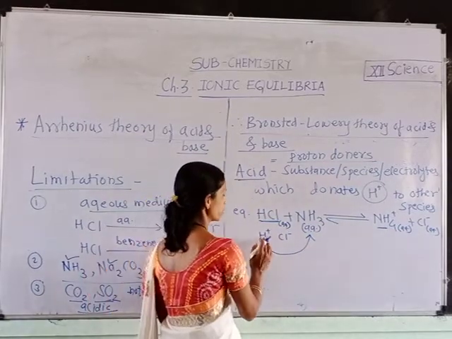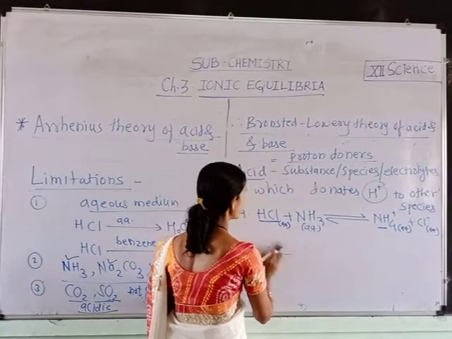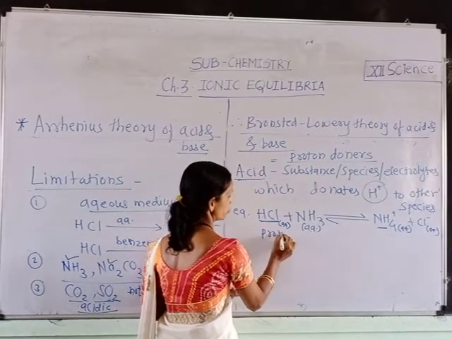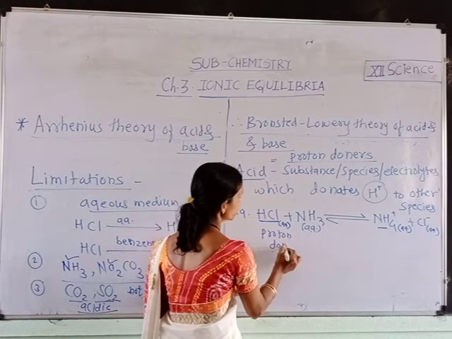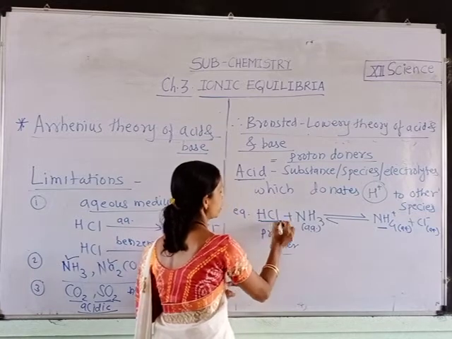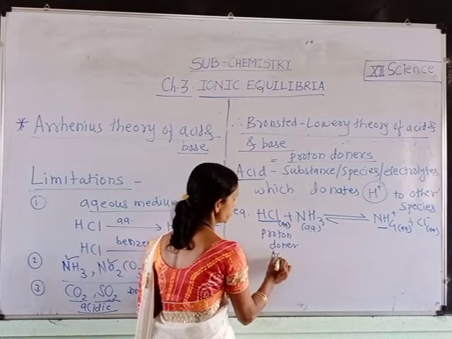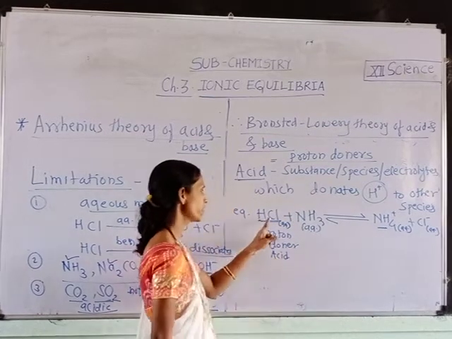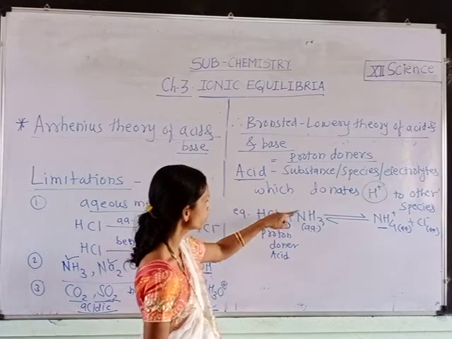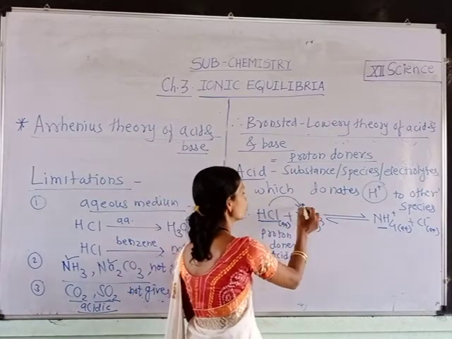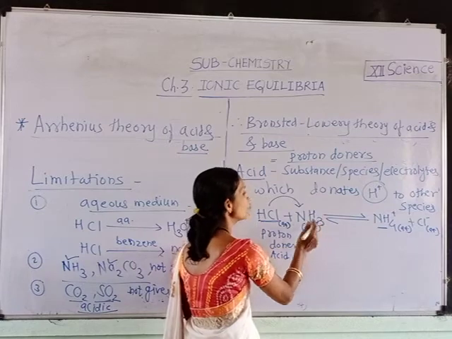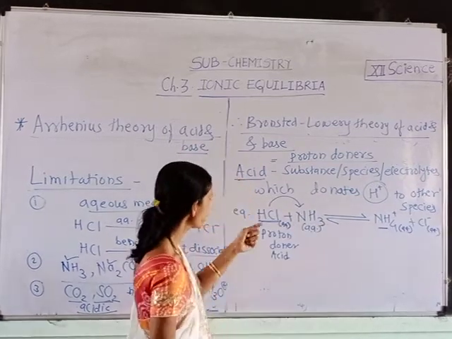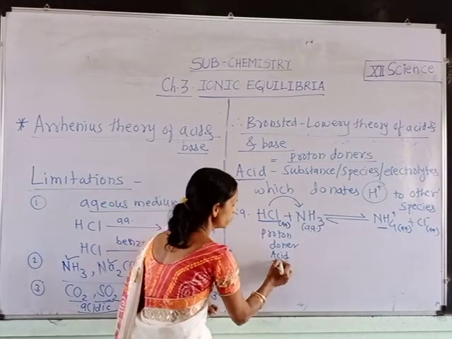Therefore, here the proton donor is HCl, which is an acid. That means HCl donates H plus ion to other species, that is ammonia. Therefore, HCl is an acid.